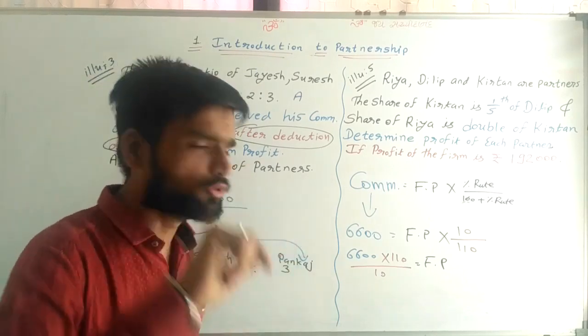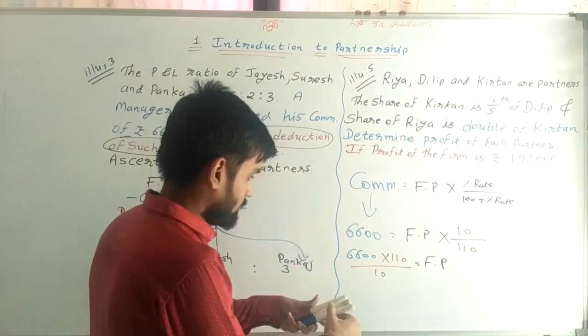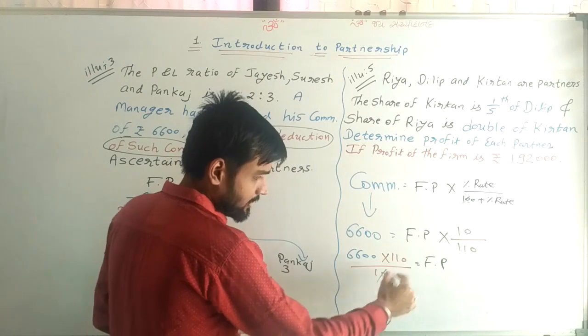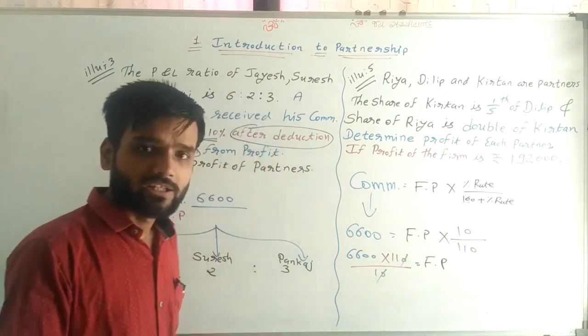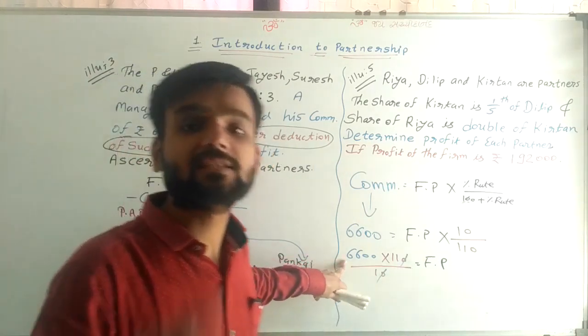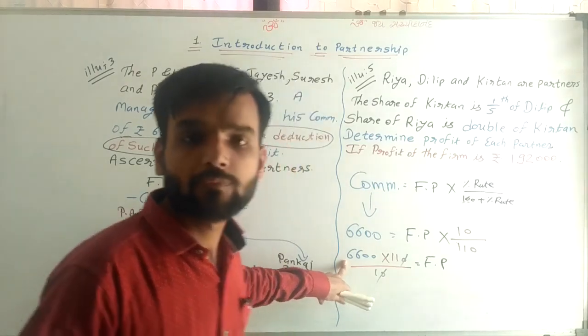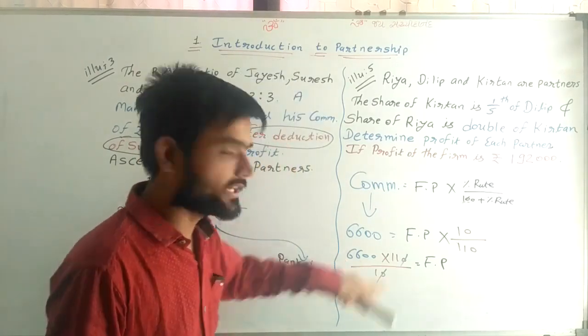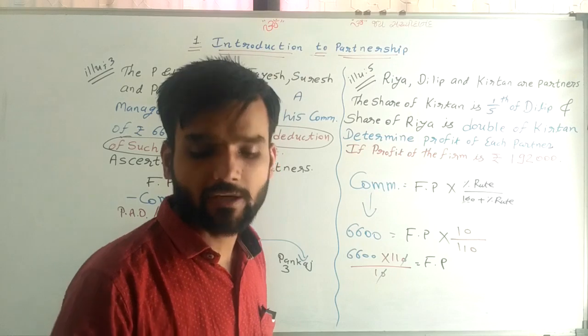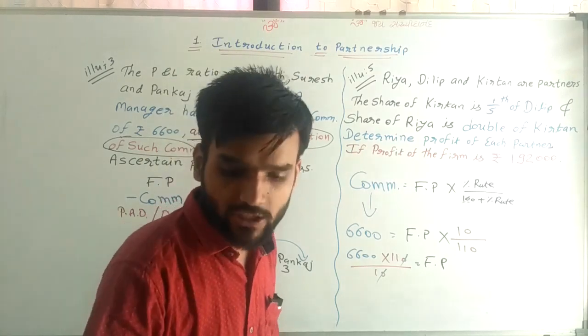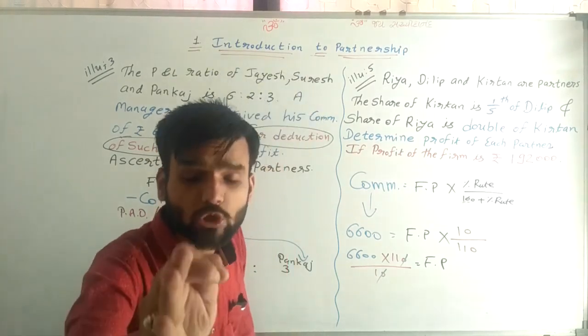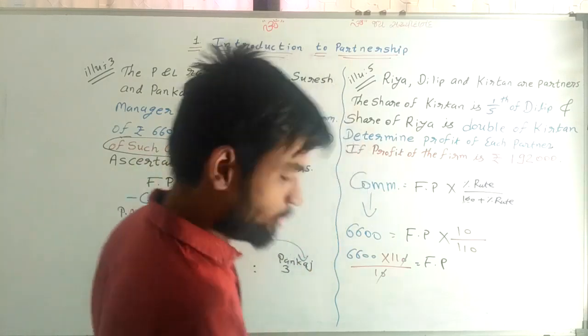In the calculator, what you need to do? The second way: 0 0 cancel. Now multiply 6600 into 11. What is your answer? 72,600 rupees.